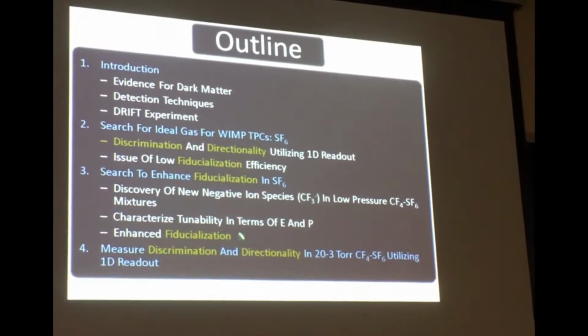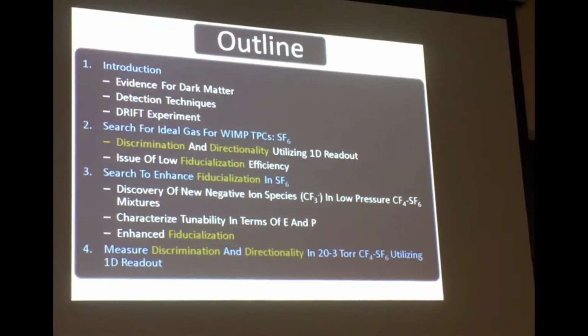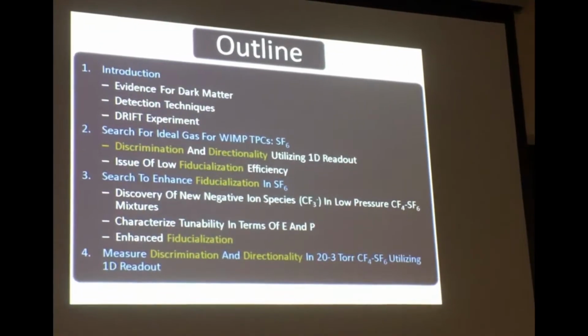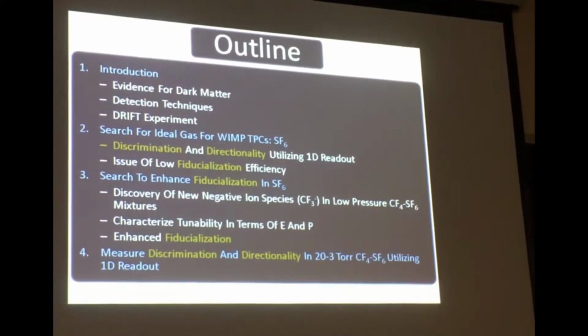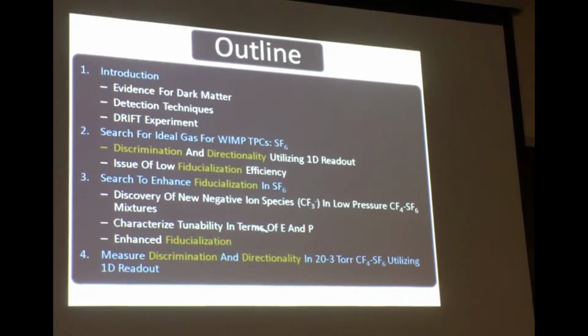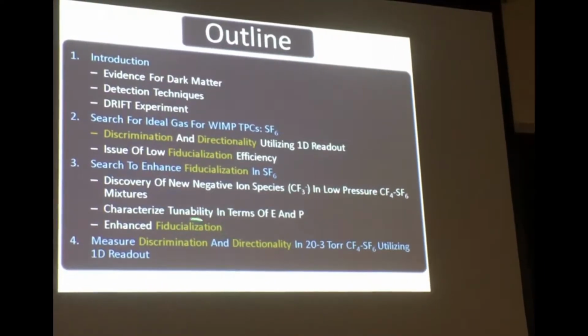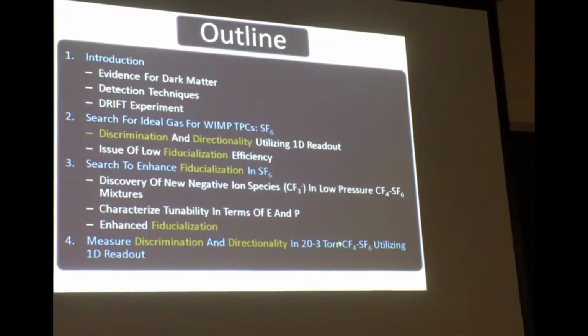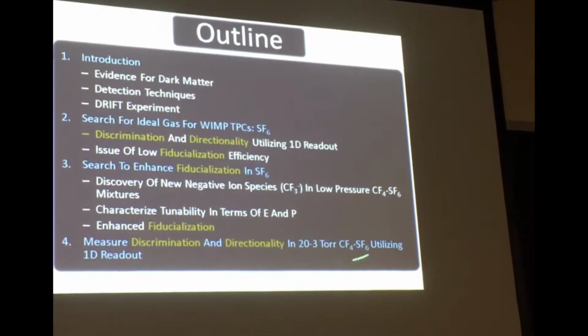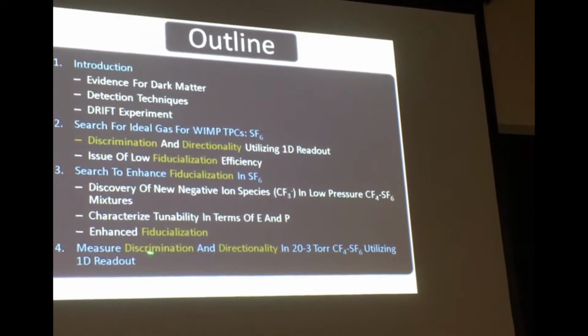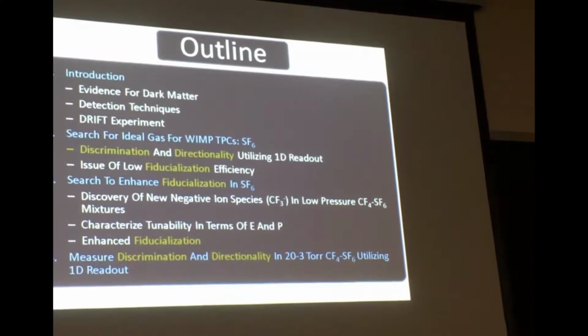But ultimately, what I discovered solves the issue of the fiducialization. And so I'll talk about that. And then I'll look at a particular mixture that solves this issue, where I add 20 torr CF4 and 3 torr SF6. In this mixture, I'll measure the discrimination and directionality.